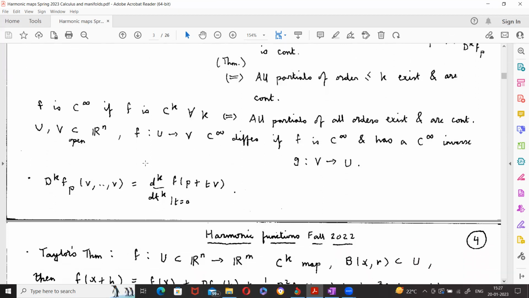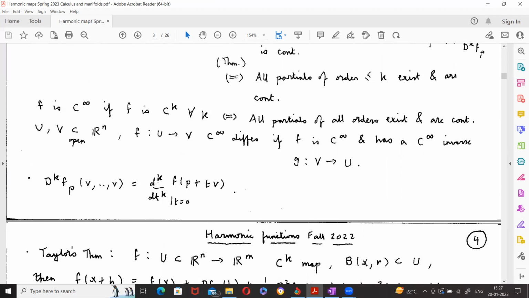And now, just like we saw for the second derivative, that if I differentiated f along the straight line p plus tv twice at t equal to 0, then I got the second derivative applied to v comma v.